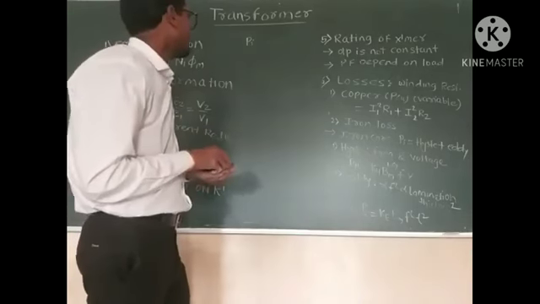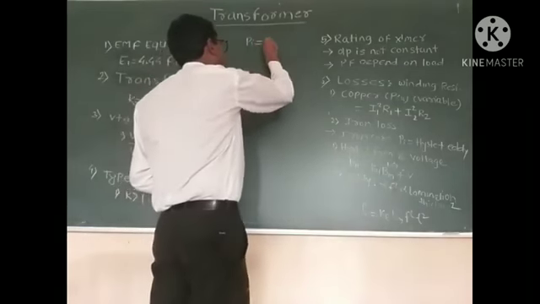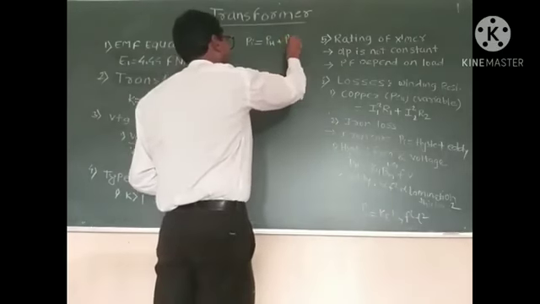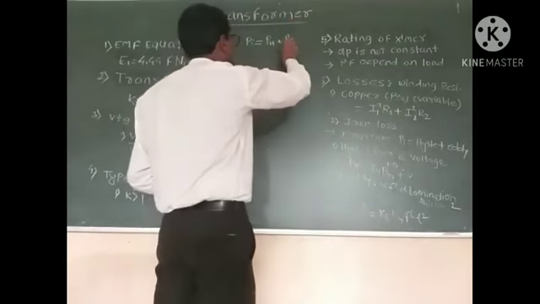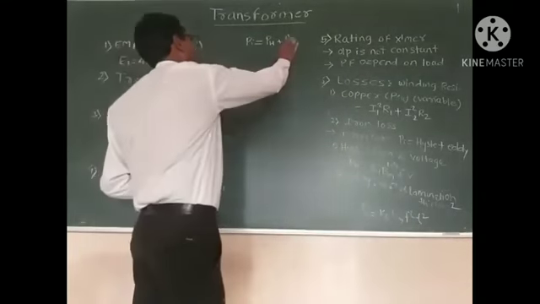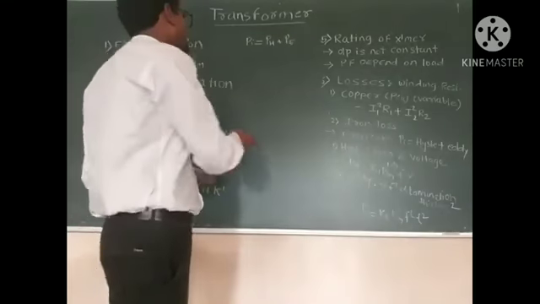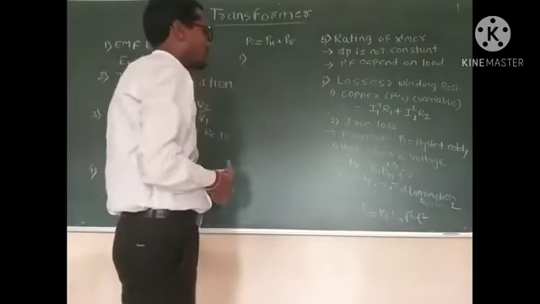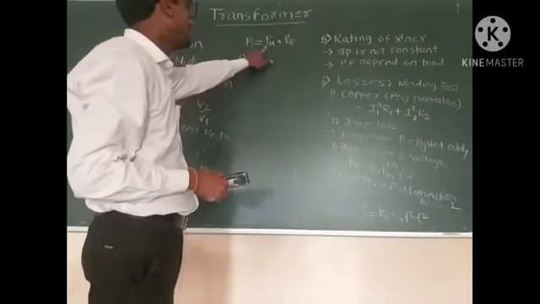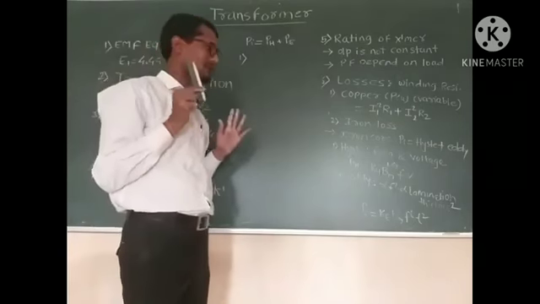This iron core loss is also divided into two types: first is hysteresis loss and second is eddy current loss, so PI equals PH plus PE. First of all, we discuss the hysteresis loss. What is meant by hysteresis loss? This hysteresis loss totally depends upon the supply frequency and voltage.